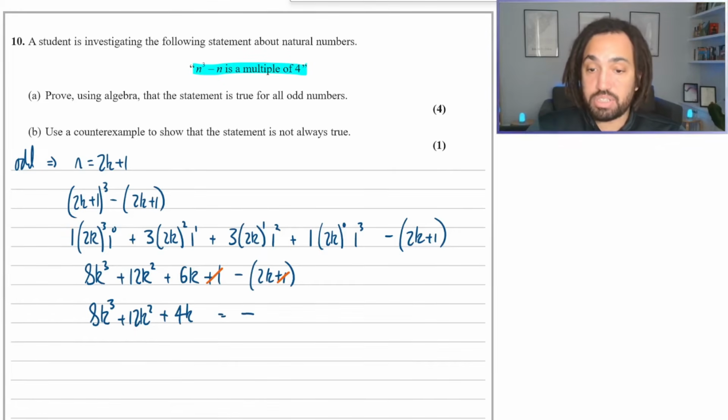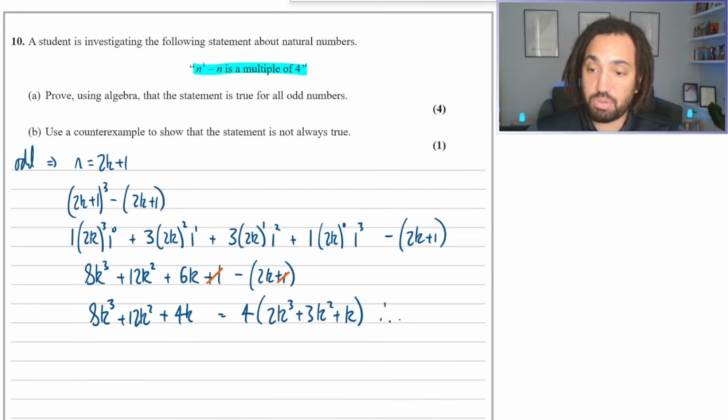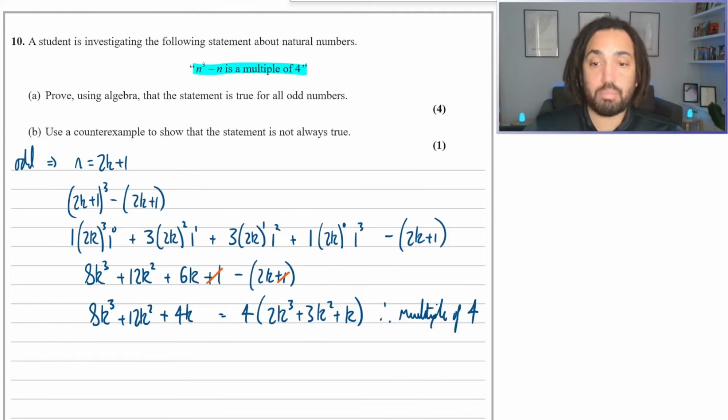And I can show this is a multiple of 4 by factorising by 4. So in doing so, this shows that this is a multiple of 4.